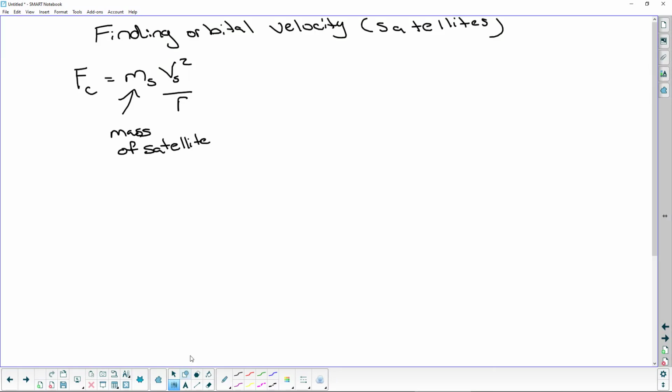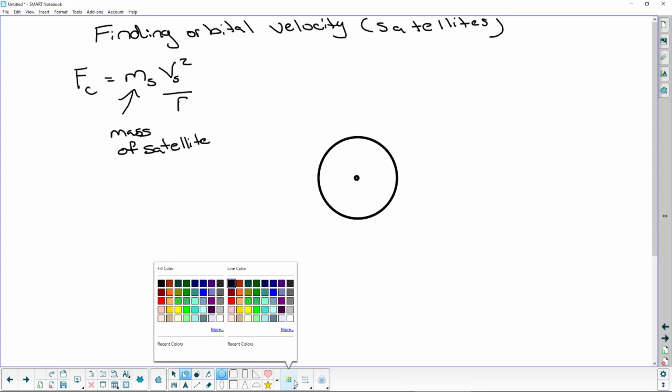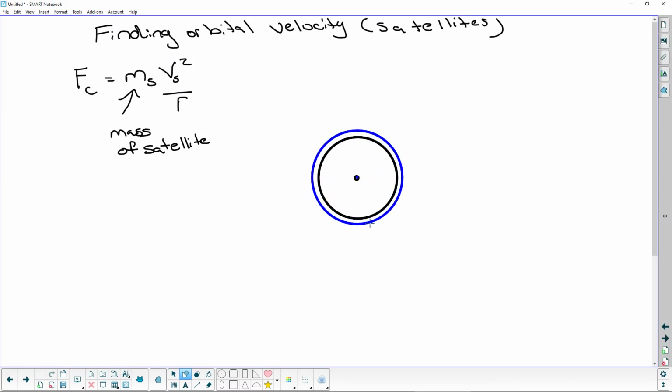Let's draw the Earth. Center of the Earth. The Earth, and we'll put a satellite around this Earth at some orbit. So that blue circle is going to represent the orbit of a satellite.